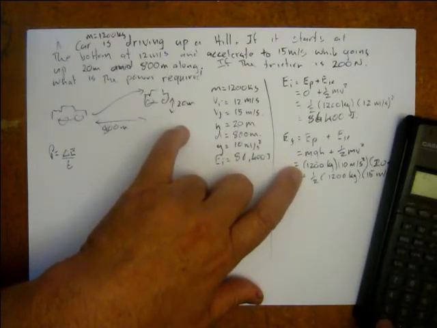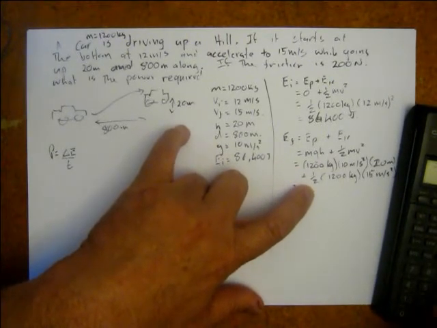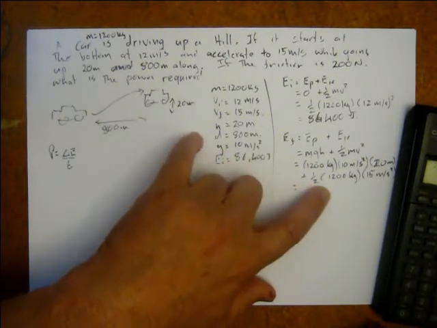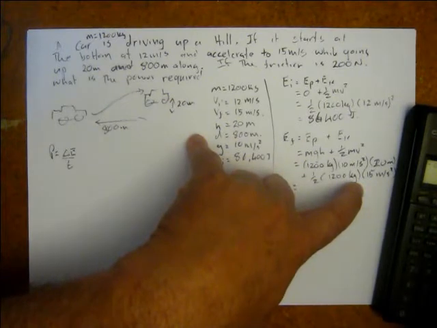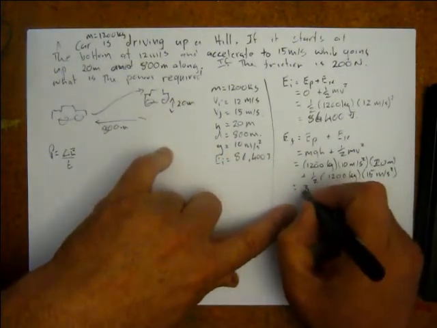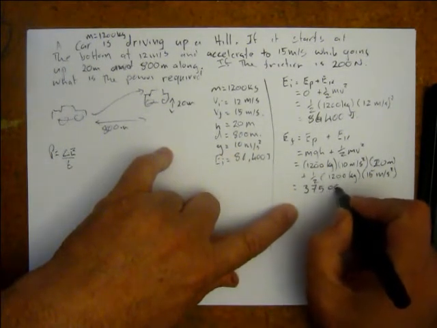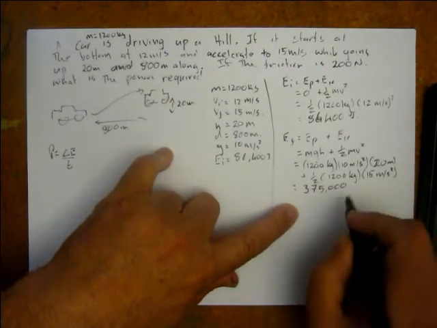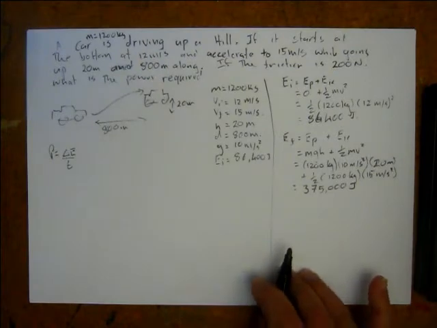So 1200 times 10 times 20 plus 1200 times 0.5 times 15 squared equals 375,000 joules. So there's 375,000 joules of energy at the top.